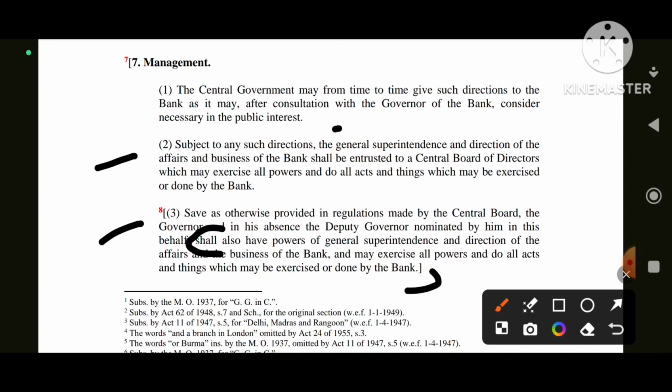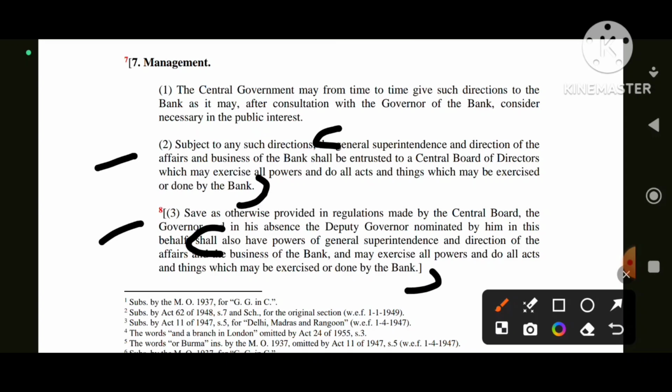This and this is the same. It's just that in subsection 2 the central board has directly been given the power as the primary body responsible for overseeing and directing the RBI's affairs and business.